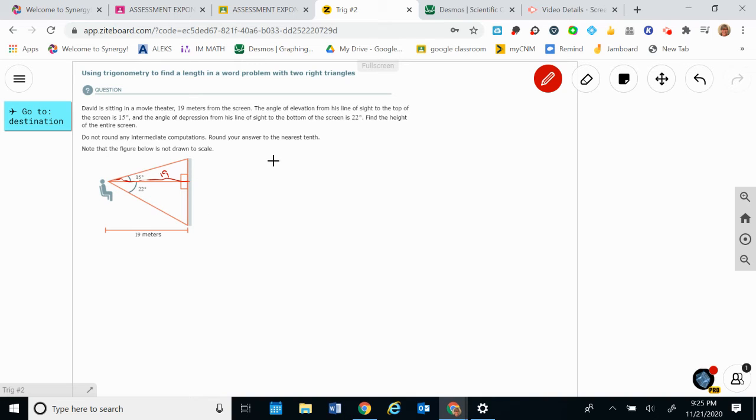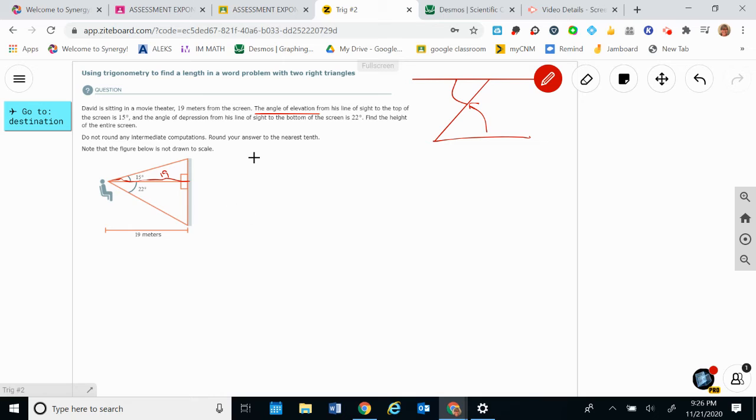The angle of elevation means this, how far up you look. The opposite is like if you were flying and looking down. And these two, because they are parallel lines cut by a transversal, are congruent anyway.